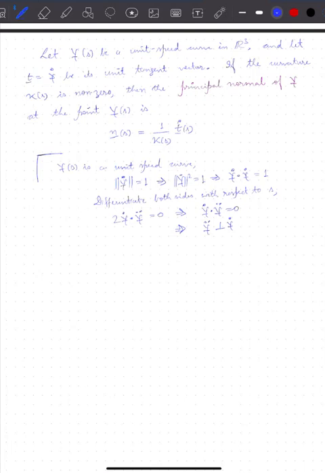So gamma double dot must be parallel to the n vector, and the n vector is perpendicular to the gamma dot vector, and n vector is also a unit vector.